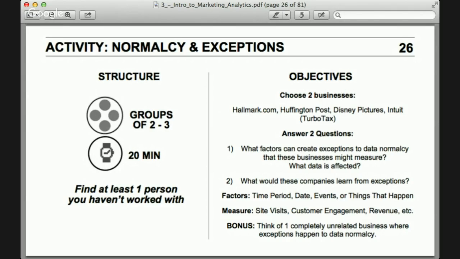Well, time period, dates. Tell me more. During the holidays, we might see movies we'll be looking at, things like that. Yeah, so if we're looking at January, December again.